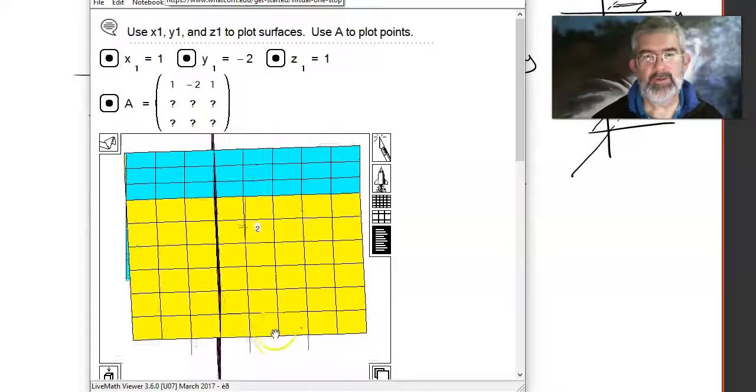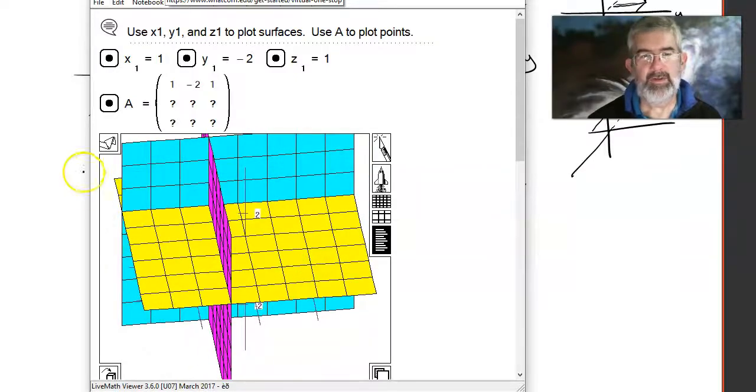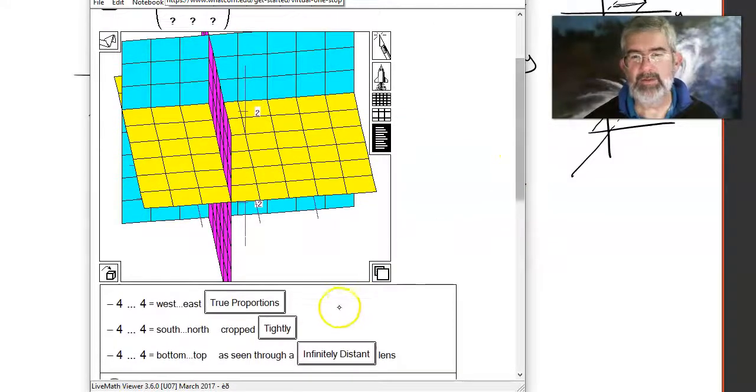Actually, it's not shorter than the stuff at the back. My eyes are playing a trick on me. This edge is actually parallel to this edge, and the front and the back are the same length. Except that I'm used to looking at 3D, and I'm used to seeing perspective. At the moment, I have this set to draw at an infinitely distant lens, right? And so it's keeping parallel lines parallel.